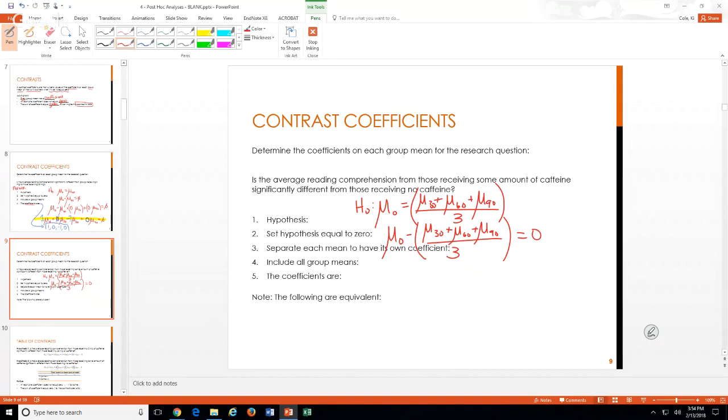Okay, so we'll see mu sub 0 minus 1/3 mu 30 plus 1/3 mu 60 plus 1/3 mu 90 equals 0. Okay, we're closer. Right now, those three are still kind of stuck together. I multiply it by 3.